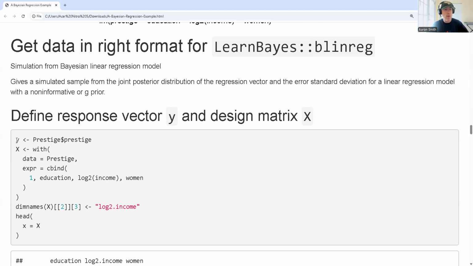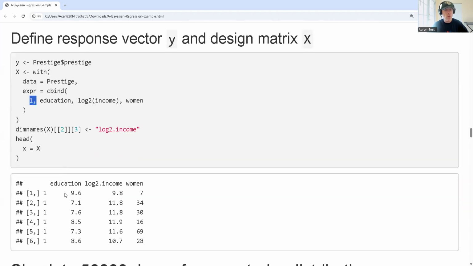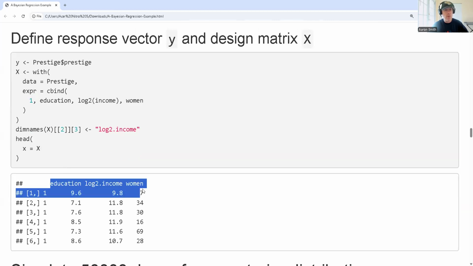So I have to split up: my target variable is in a vector called Y, and my predictor variables are in a matrix or data frame called X, and that X needs to include the intercept. And so here's the head of the X's.